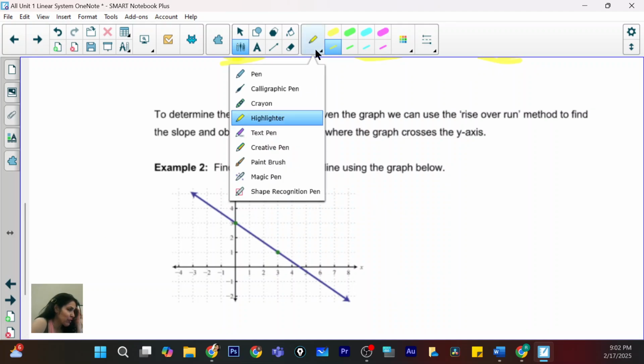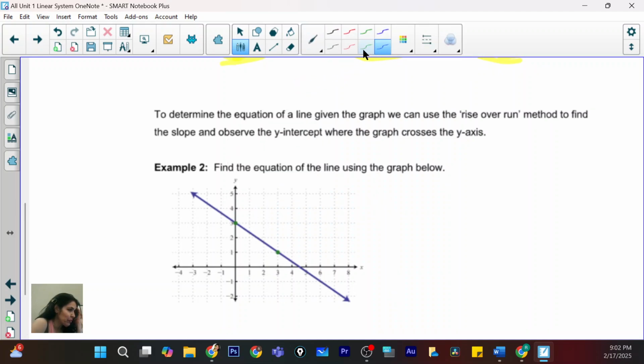In this question, find the equation of the line using the graph below. So we have a graph and we want to find the equation of the line. The y-intercept is 3. See, this point is 3.